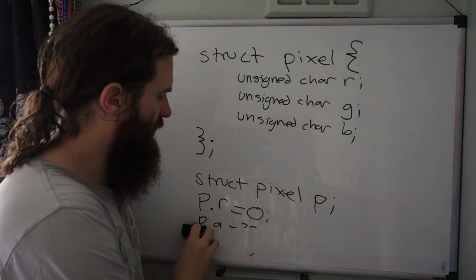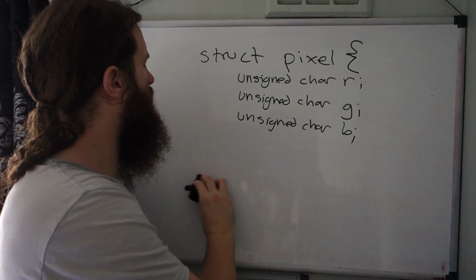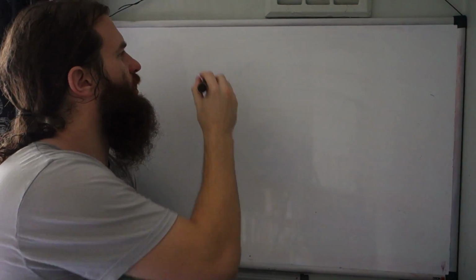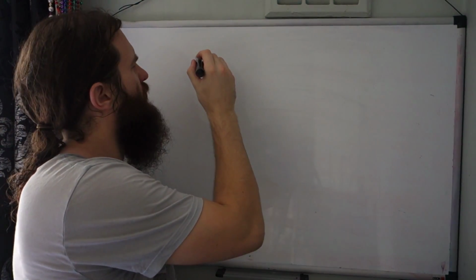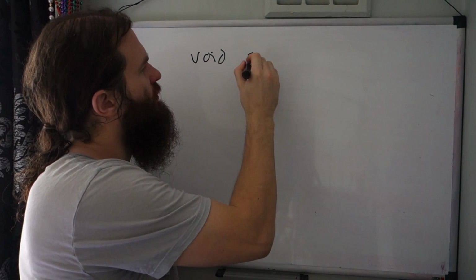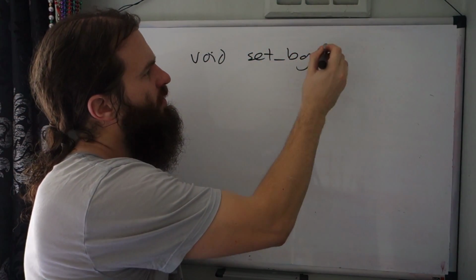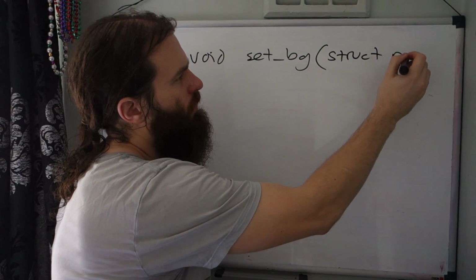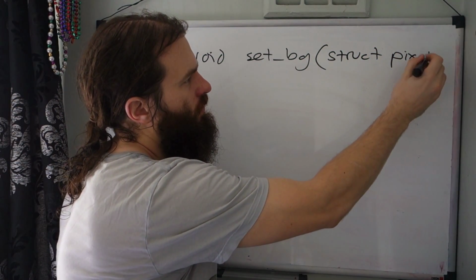What we can then do is write that in our function prototype as well. So we could write set background: void set bg, and we just say struct pixel p.